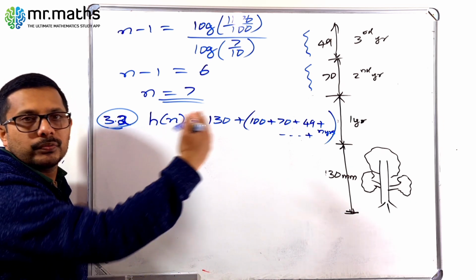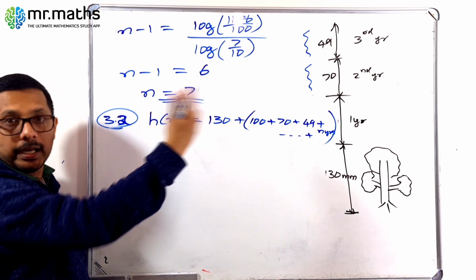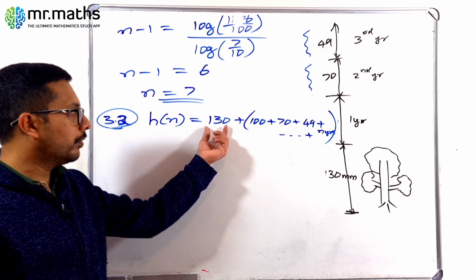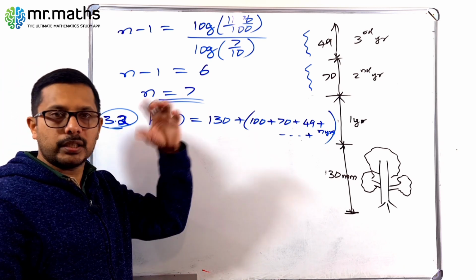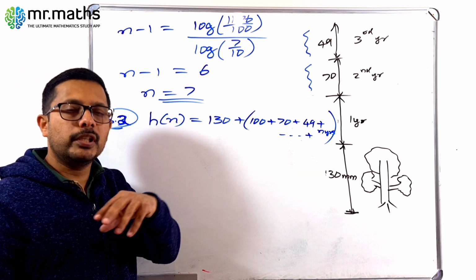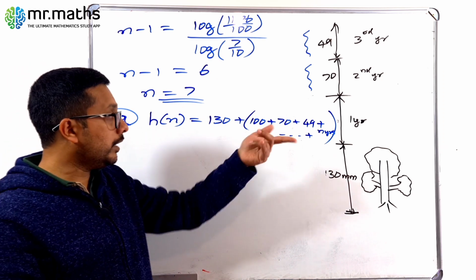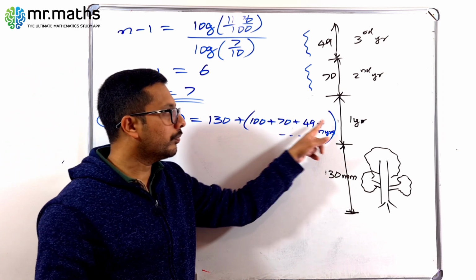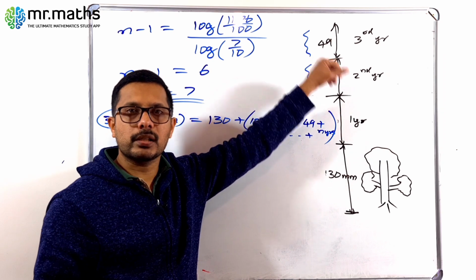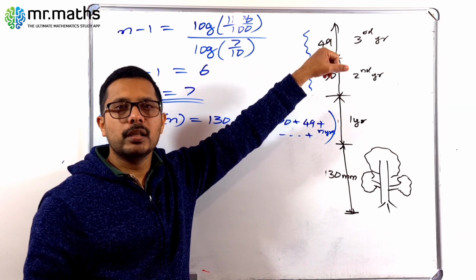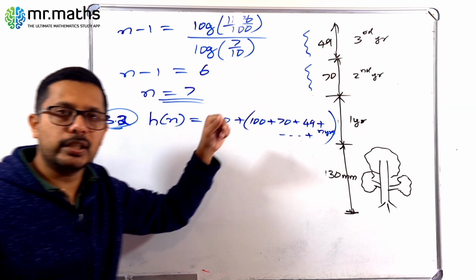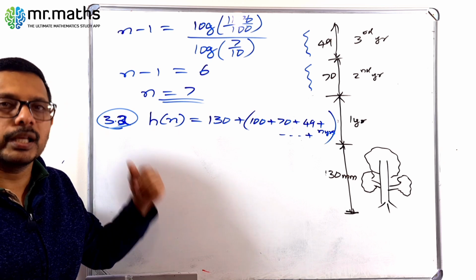What is the height of that bonsai after n years? When he bought this one, 130 is fixed there. Then after that, n years: first year, second year, third year, fourth year, fifth year, sixth year, etc., n years, what is the height? You have to write an equation for that one. That is the question.